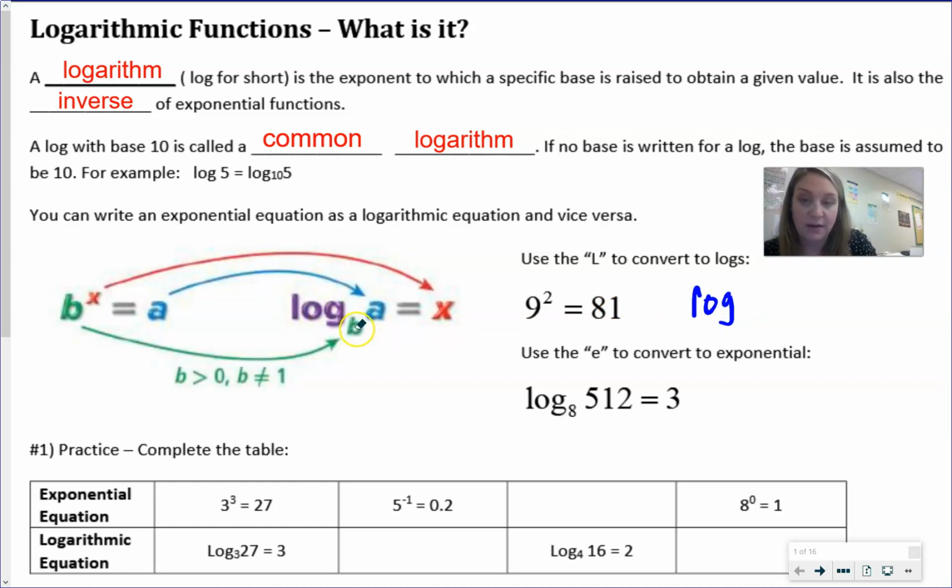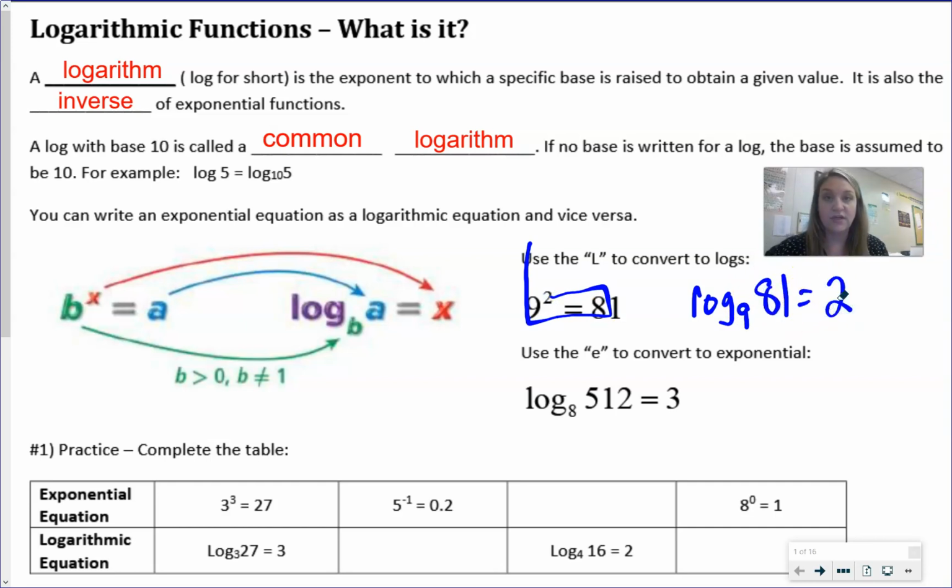My base is on the bottom. Then I have my value of a, and it's equal to our exponent. Remember, because we use logs to solve for exponents. To draw my L, to remember the order, I jump down to my base of 9, of 81, equals our exponent of 2. So you can use the L to rewrite it into log form.